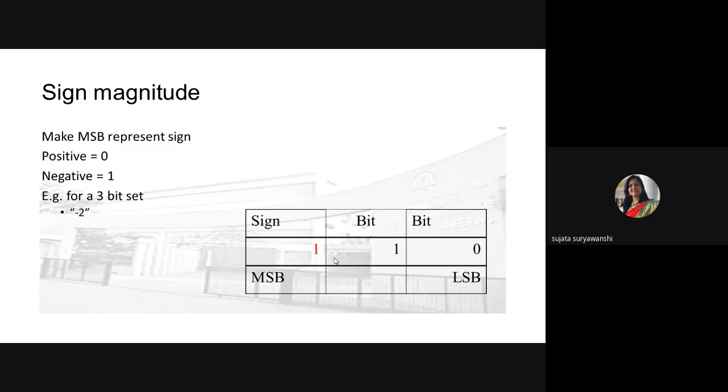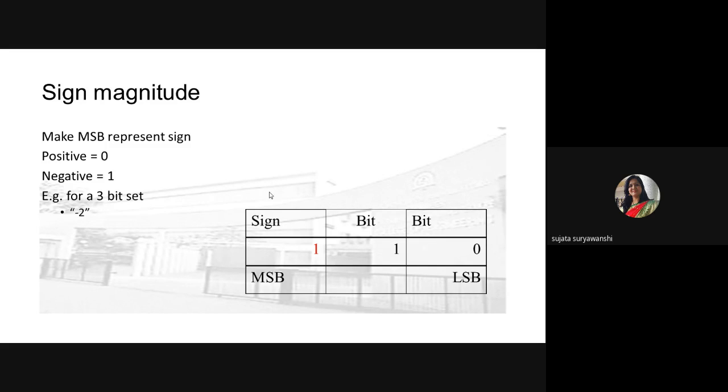For a positive number the MSB bit should be 0, and for a negative number the MSB bit should always be 1. So 5 can be represented by 0 1 0 1, and -5 by 1 1 0 1, as 101 is the magnitude of 5 and the MSB bit 1 is for the sign of that number. Since -5 is a negative number, I have written 1 in the MSB bit to show the sign.